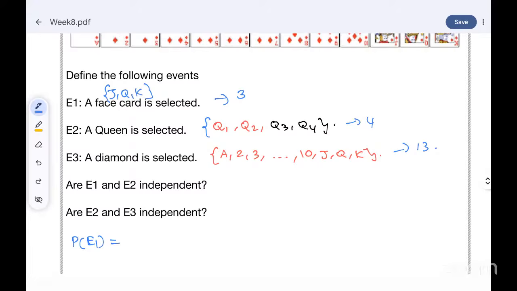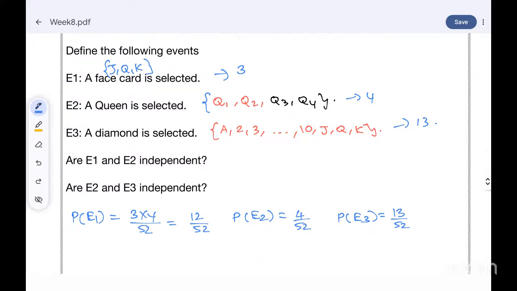Now what is the probability of E2? 4 by 52. What is the probability of E3? 13 by 52.